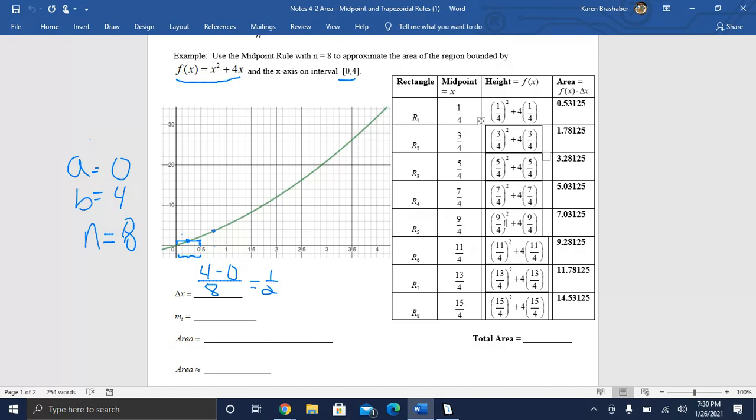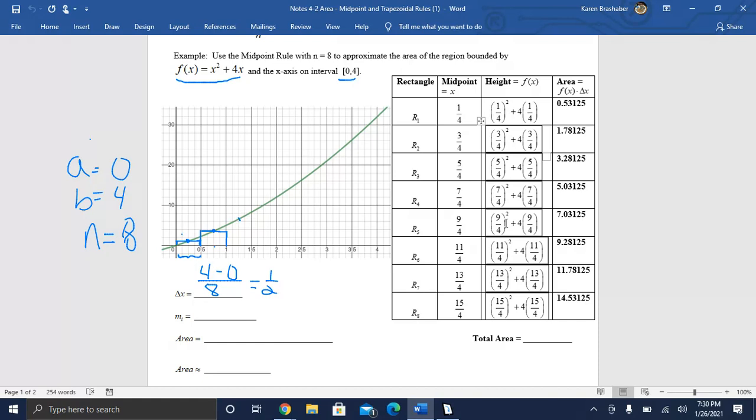So I will put a point on my curve at 3/4 and then draw a rectangle through that midpoint. And I'm going to go ahead and do that. I'd like for you to do that as well as you are hopefully completing these notes.